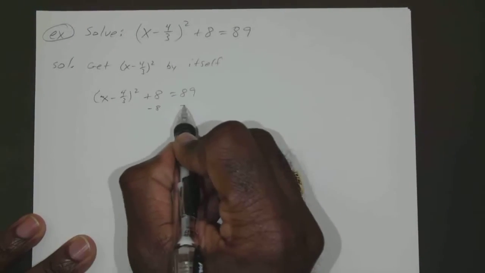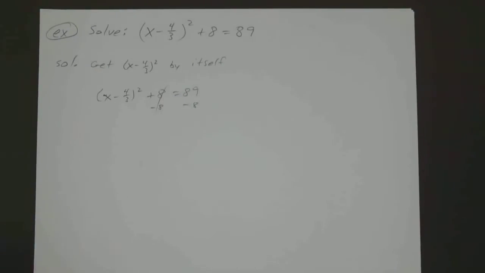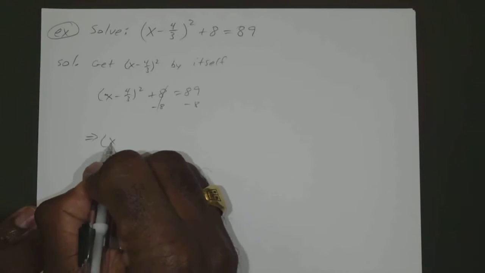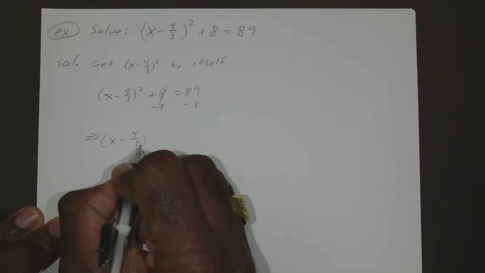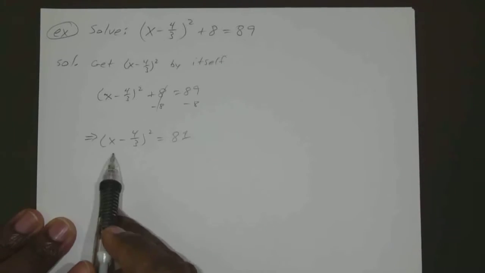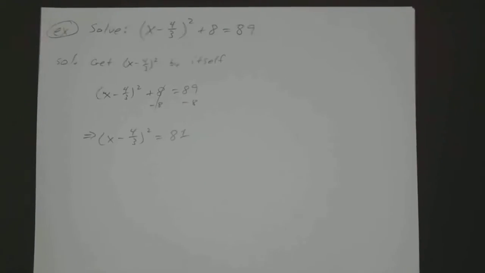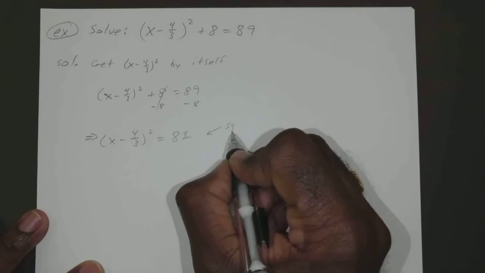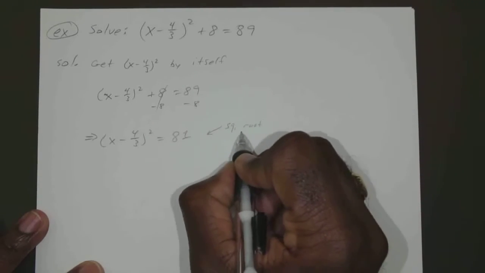Just subtract 8 from both sides. Okay, so that gives us (x minus 4 over 3) squared equals 81. Now that that's by itself, we can apply the property, or just square root both sides.